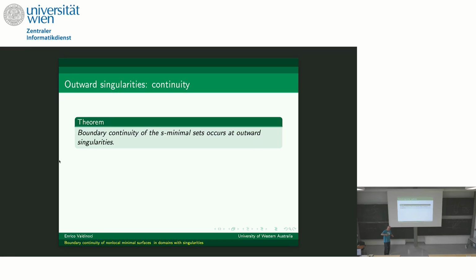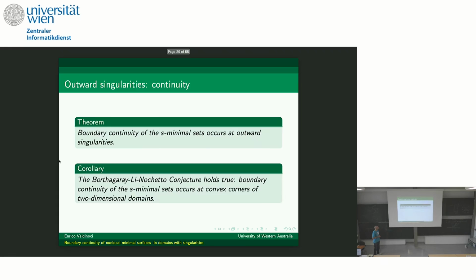If you have a complex domain, there might be singularities pointing outwards, singularities pointing inwards, or smooth points, and then you have different situations. But at a singularity pointing outward, you are always continuous.